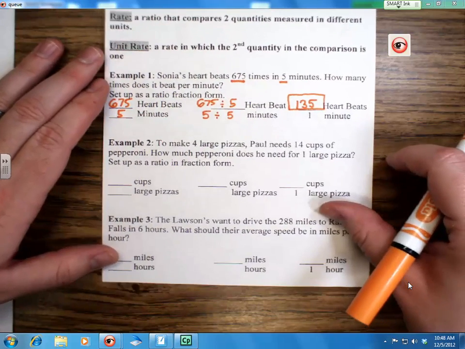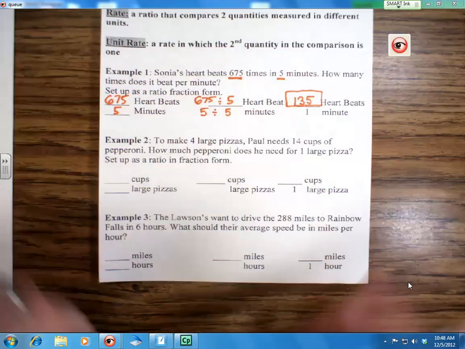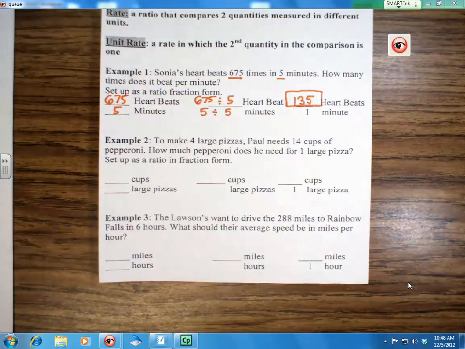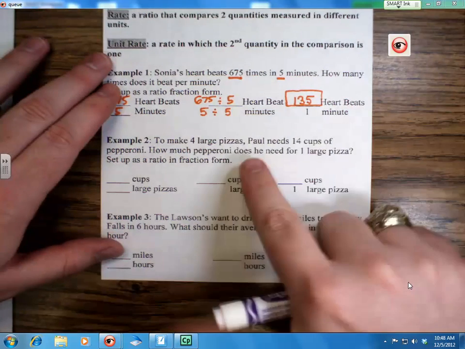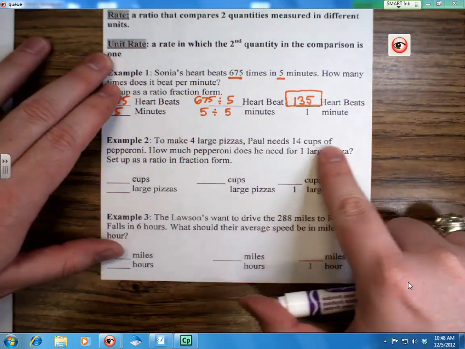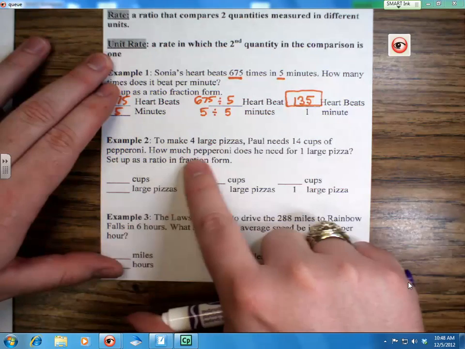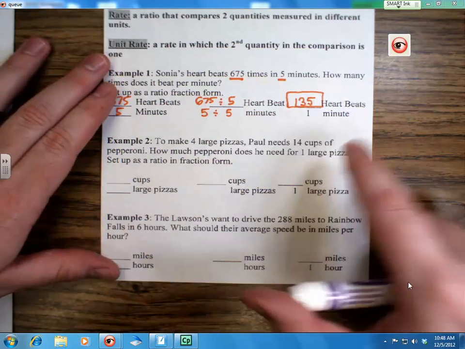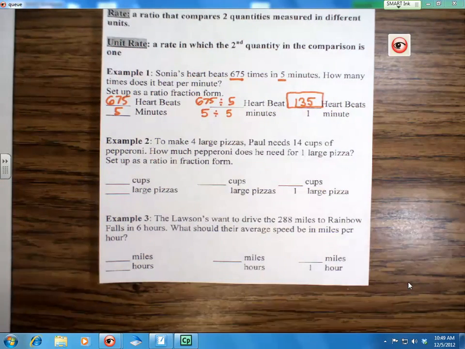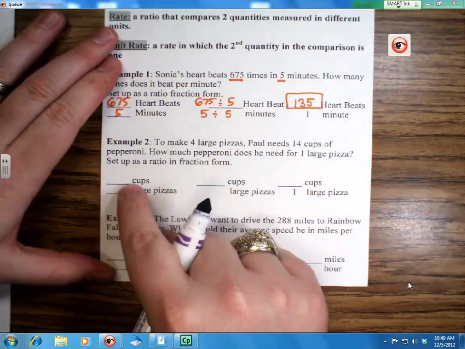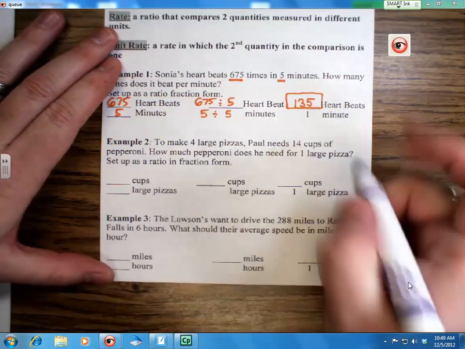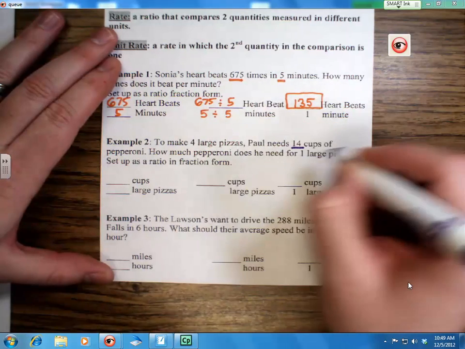Let's take a look at our second example. Our second example says to make 4 large pizzas, Paul needs 14 cups of pepperoni. How much pepperoni does he need for 1 large pizza? Well, the first thing I'm going to do is identify the information that I have. Right now, we know that 14 cups makes 4 pizzas.